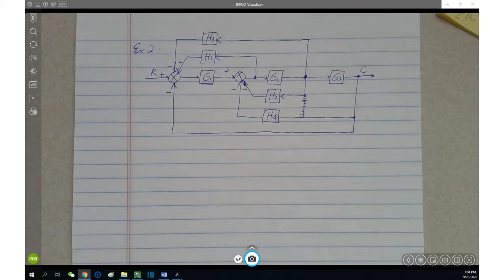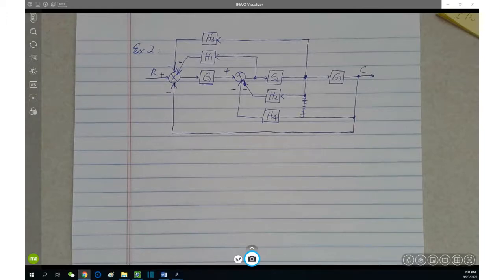Of course, you have to be careful to correctly identify whether they are feedback or feedforward, which is parallel, sometimes. So be very careful.